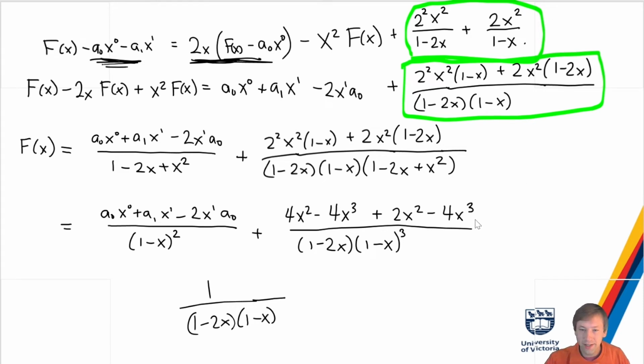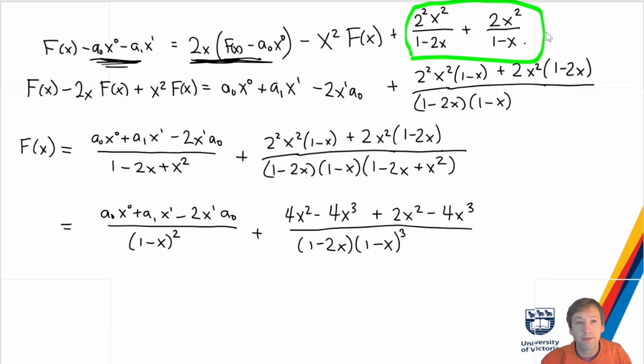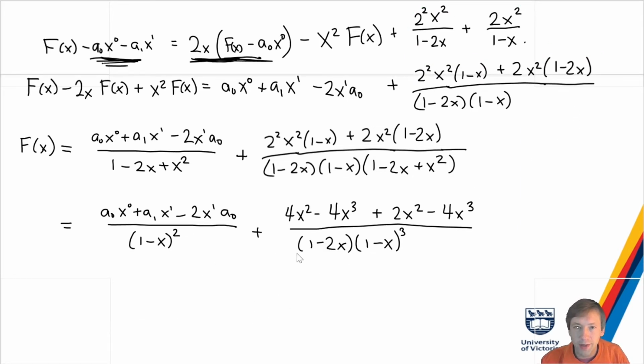So in order to make my life easier, I'm going to sort of assume that I never put those things together in the first place. And what that's going to mean is, when I went from this step to this step, I'm going to think of it as if I had never done that.